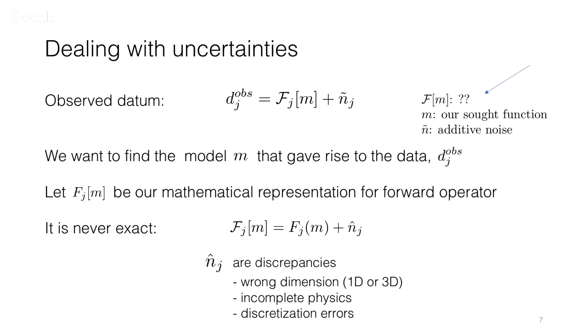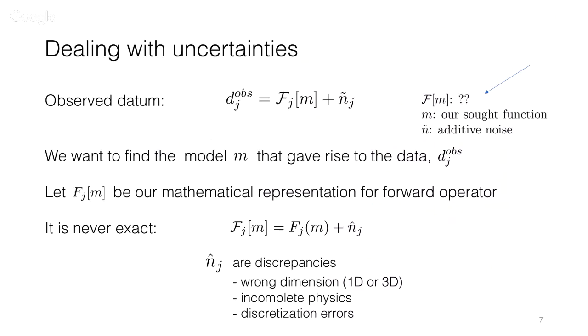The thing that you have to recognize is that you're going to have a mathematical operator to do the forward model. But that actually may not be quite right, because first of all, maybe you're wrong in dimensions, like it's 2-dimensional and you're using 1, or it's 3 and you're using 2.